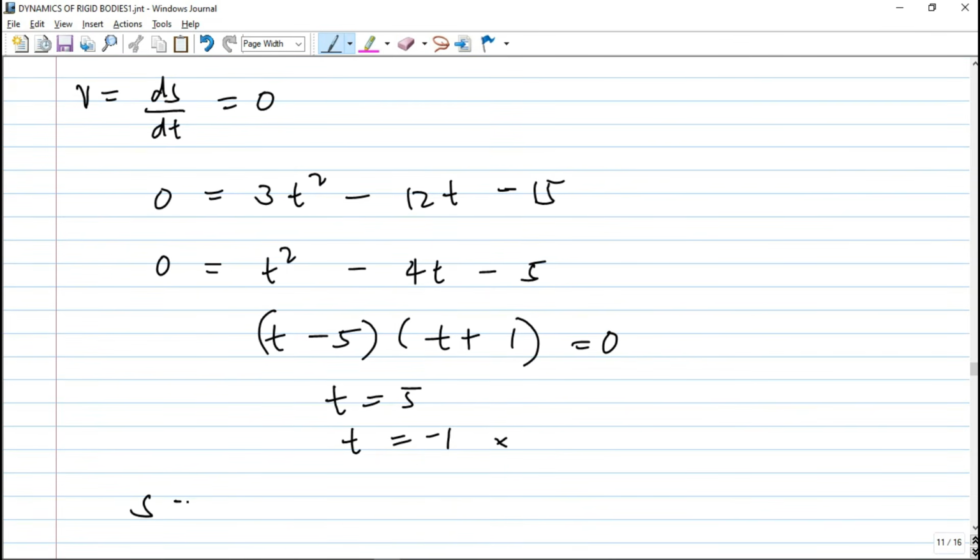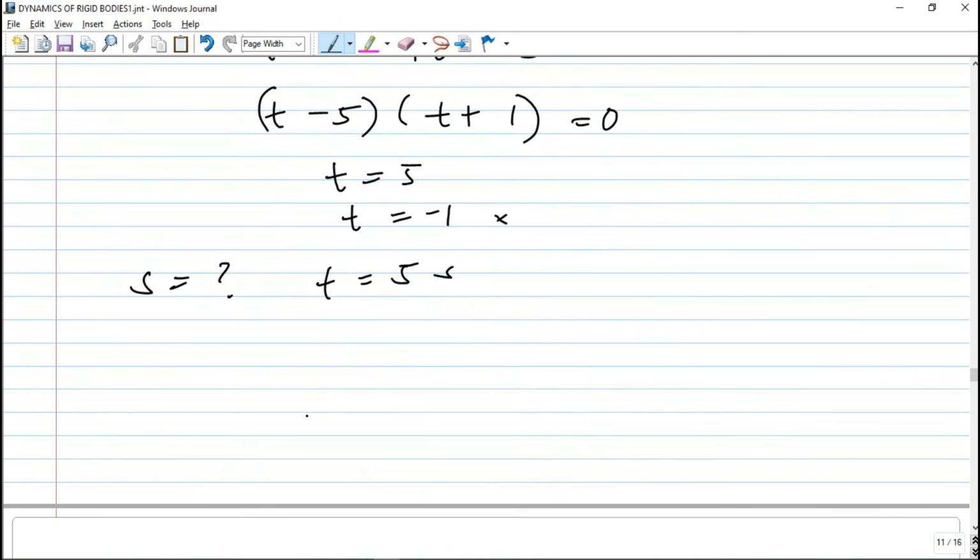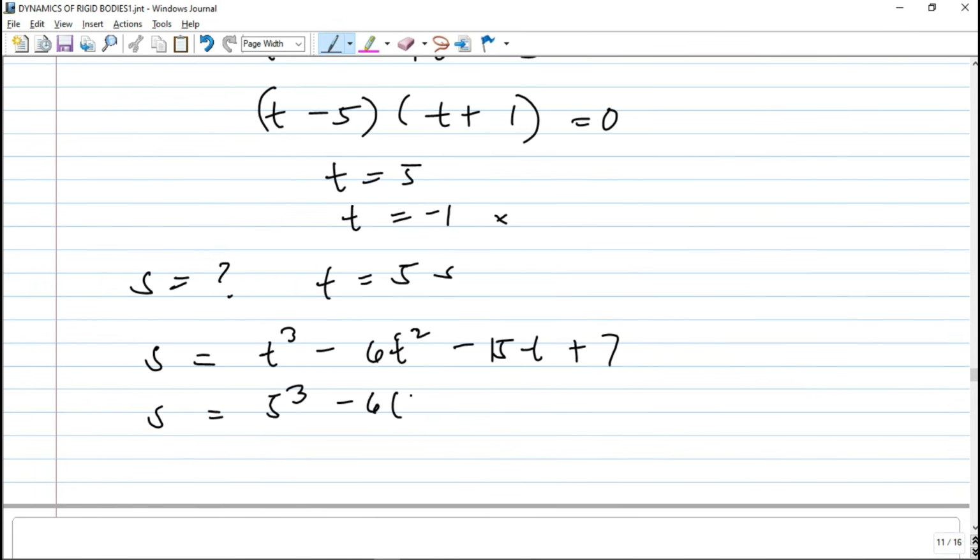So what is s at time 5 seconds? Okay, hanapin natin yung position ng object. So s is equal to t cubed minus 6t squared minus 15t plus 7. We have here s equals, so 5 cubed minus 6 times 5 squared minus 15 times 5 plus 7.